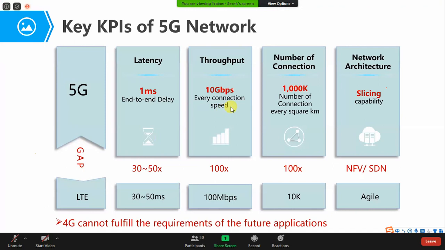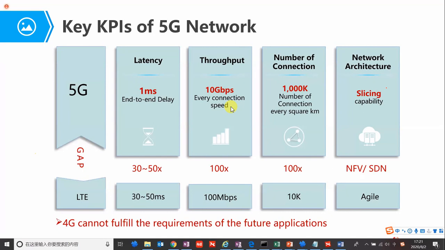Okay, let's see the difference between 4G and 5G, and how 5G is improved from 4G. First, for latency, LTE can only provide around 30 to 15 millisecond end-to-end latency.